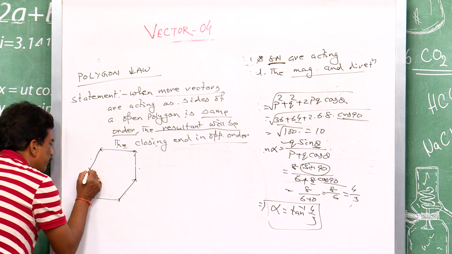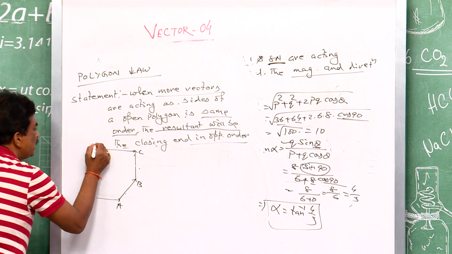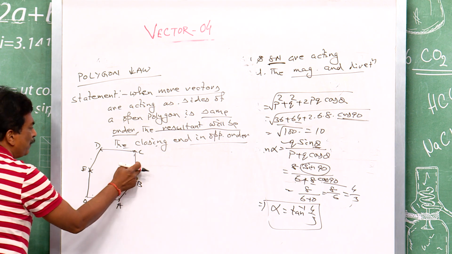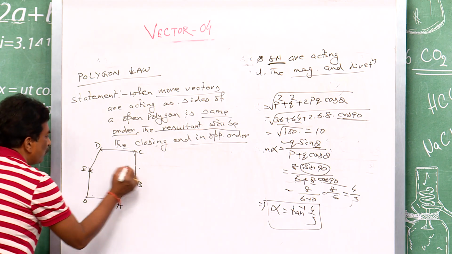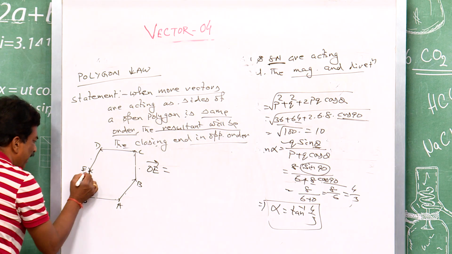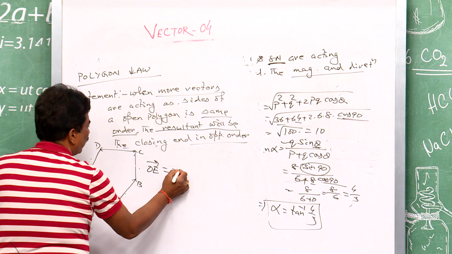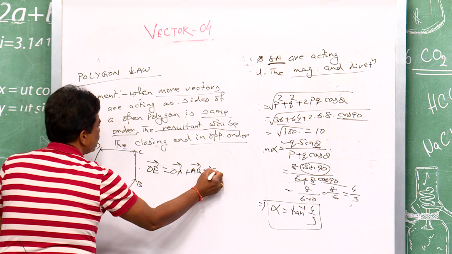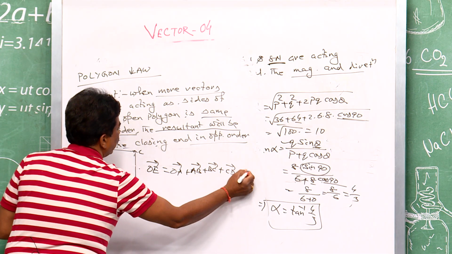So if these are O, A, B, C, D, E, and OA, AB, BC, CD and DE are to be added, the resultant will be OE. The OE vector will be the OA vector plus AB vector plus BC vector plus CD vector plus DE vector.